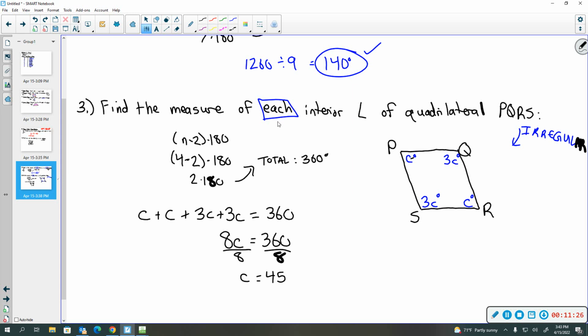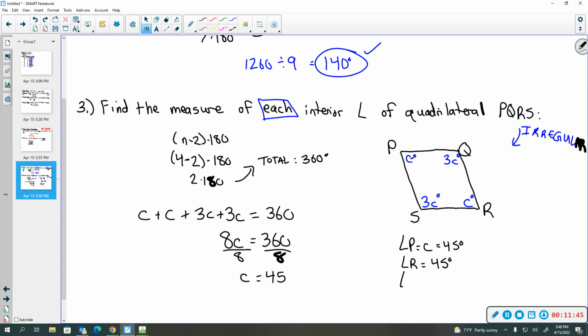And to find the angles P, Q, R, and S, you'll just take C and plug them in. So angle P is literally just C, so it would be 45. And R was also that, so angle R is also 45.